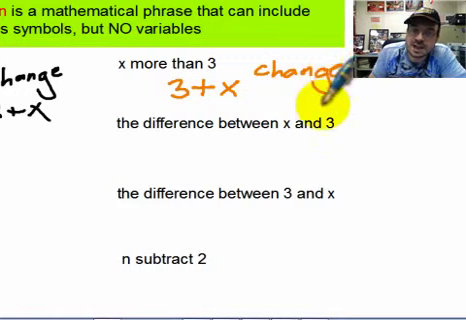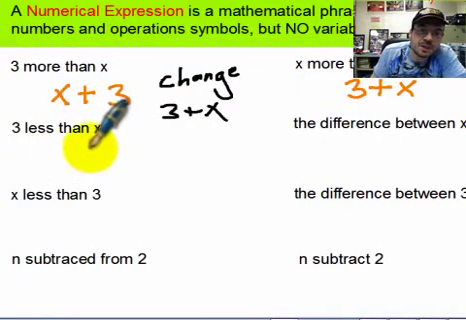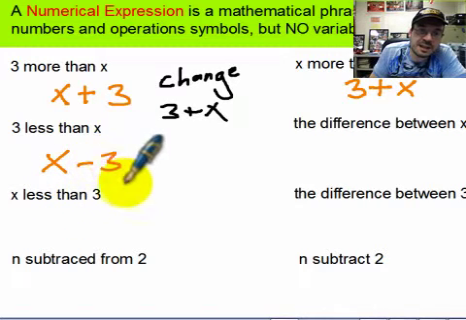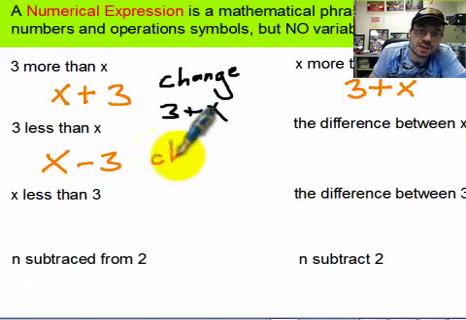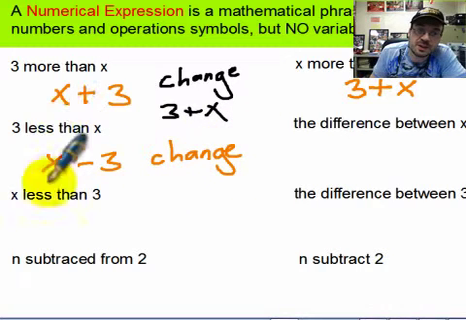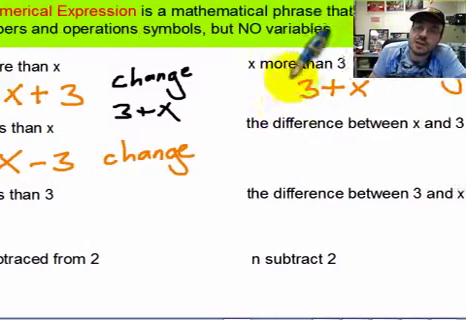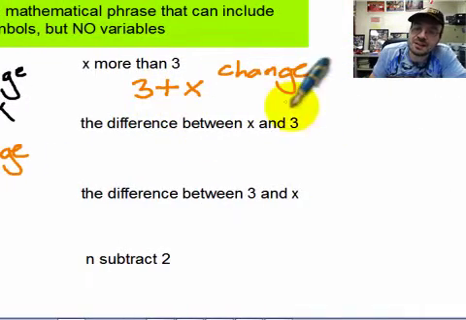The order must change. 3 less than x. So you start with x and you want 3 less than that, and the order changed, and for subtraction that makes a big difference because x minus 3 and 3 minus x are not the same. Okay, the difference between x and 3.